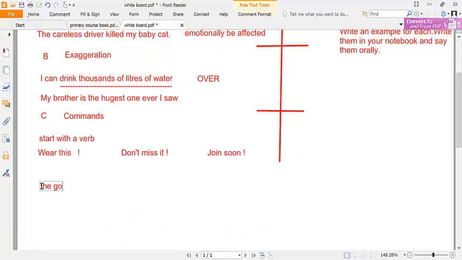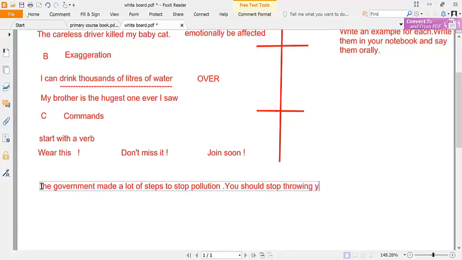Look at this example. The government made a lot of steps to stop pollution. You should stop throwing your trash in rivers. He's talking to the reader here.